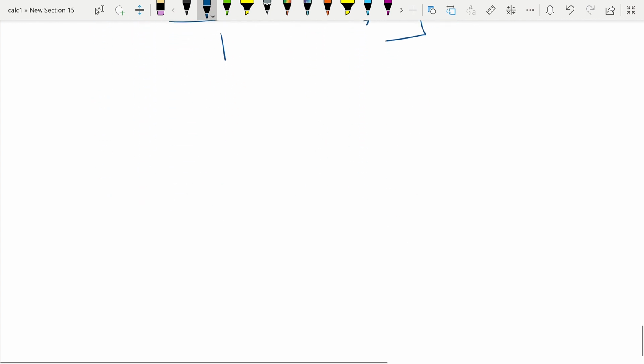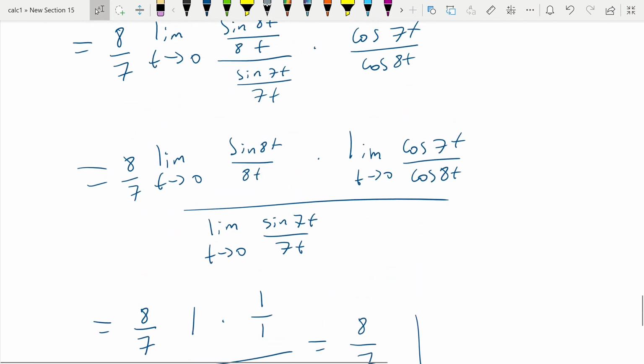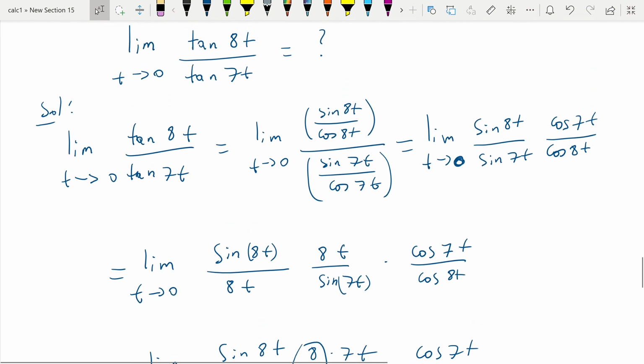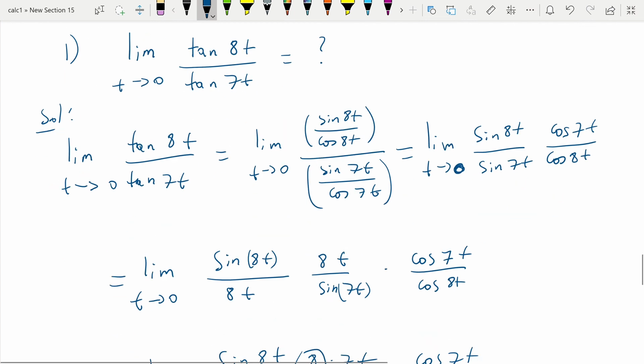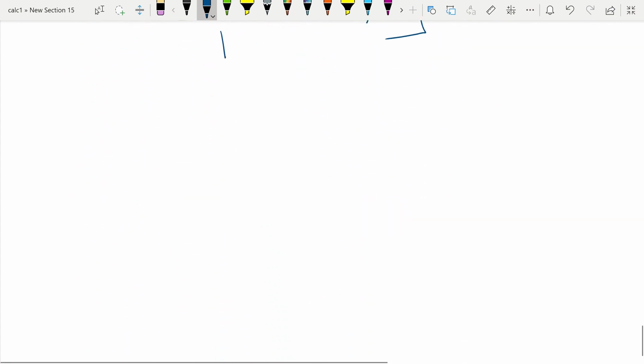So another thing we can do, another example. This example, we can call it example 1. Now we can go over another example here.